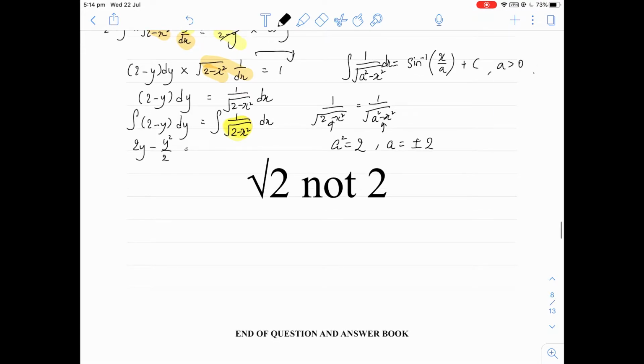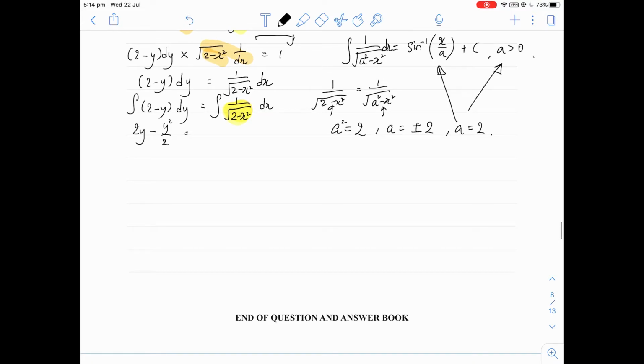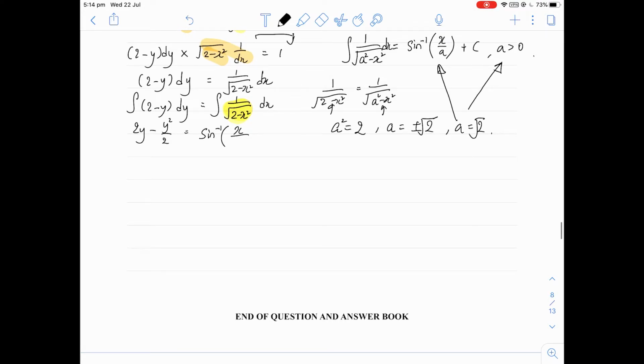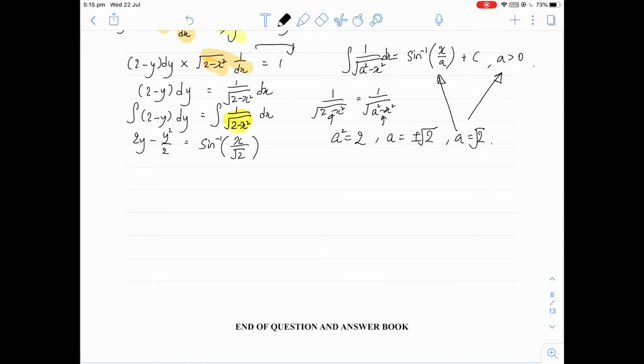Now notice that a is bigger than 0. So that means that a must be square root 2. So if we perform the integration according to the formula sheet, we'll get sine inverse of x over square root 2, plus c.